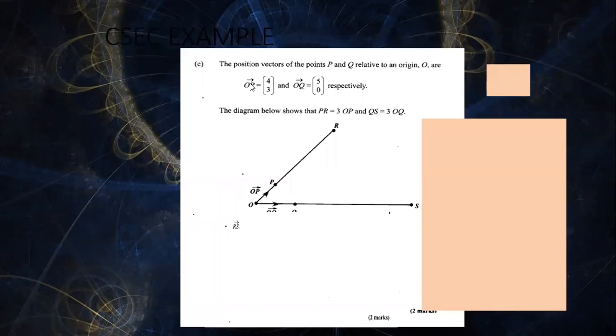Let's look at the question here. It says the diagram. Oh, we have to find RS. If you can hardly see it, the vector RS. So R is supposed to be around here. Yeah, this is R. This is us standing at R, and we want to get to S, right?